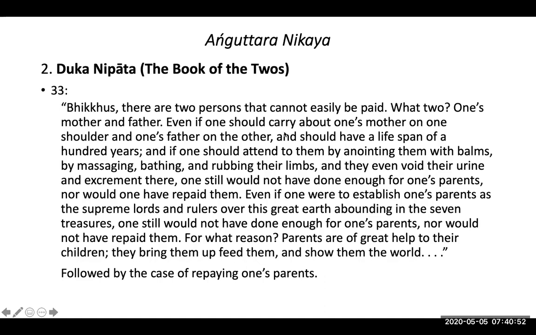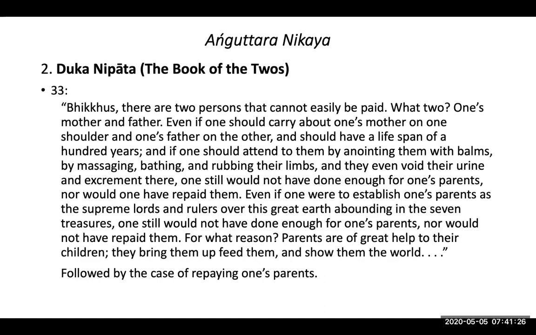Even if one should carry one's mother on one shoulder and one's father on the other, and should have a lifespan of 100 years, and attend to them by anointing them with balms, massaging, bathing, and rubbing their limbs, even while they void their urine and excrement there, one still would not have done enough for one's parents, nor would one have repaid them.